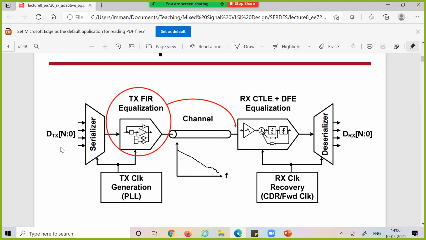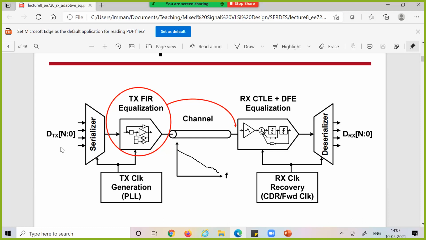Right? So you basically have n down to 0 parallel data, you serialize it, then you come to the TX where you have FIR equalization plus you also have the drivers, of course, then going into your channel. Your receiver has multiple ways of doing equalization. Okay.